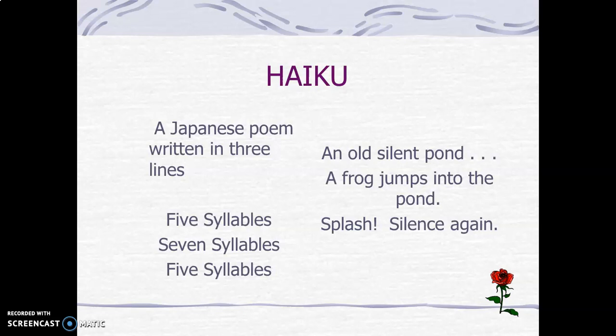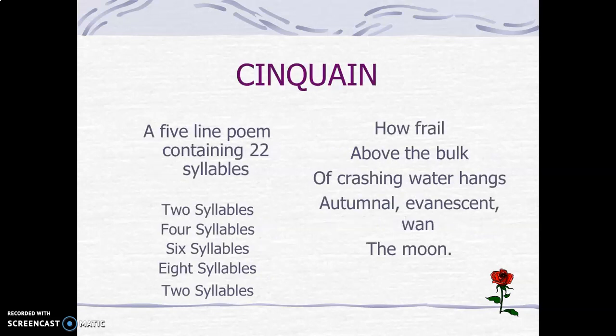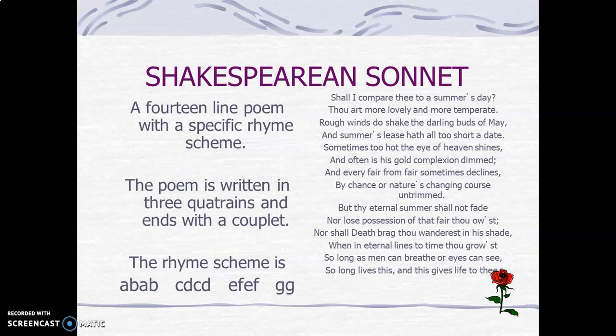This is called haiku. Another type of poem is called cinquain, a 5-line poem containing 22 syllables. Okay? Shakespearean sonnet, it's a 14-line poem with a specific rhyme scheme.